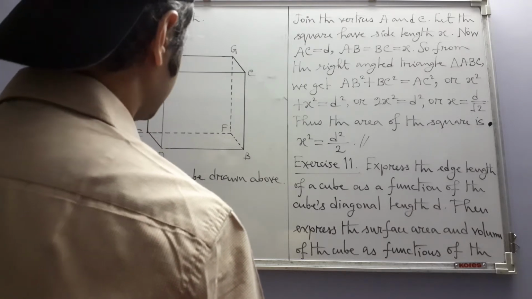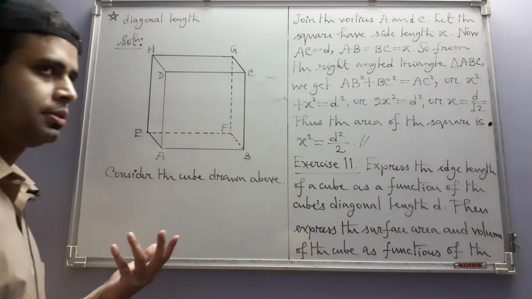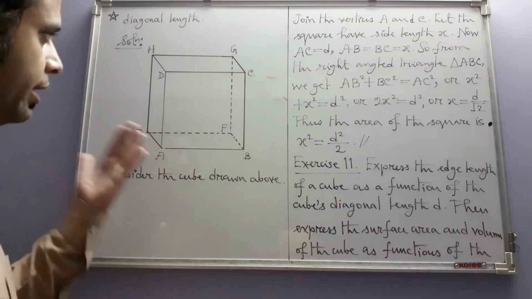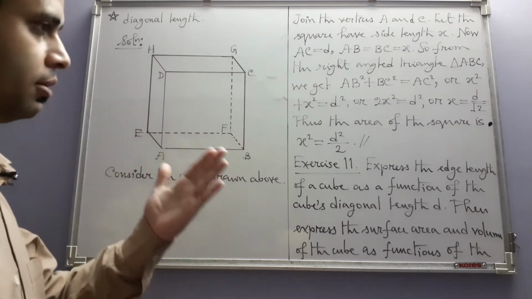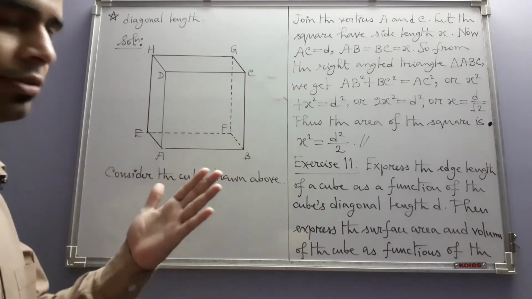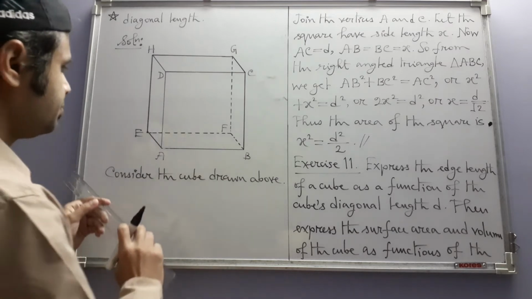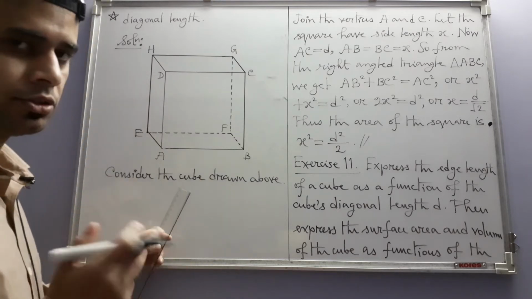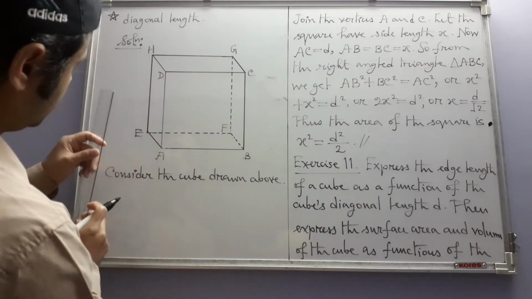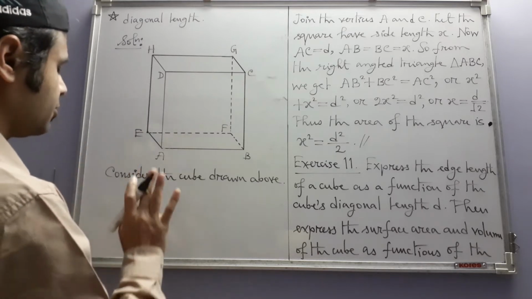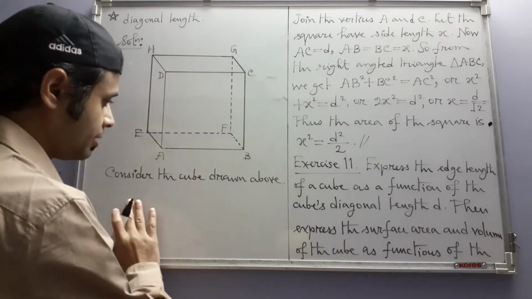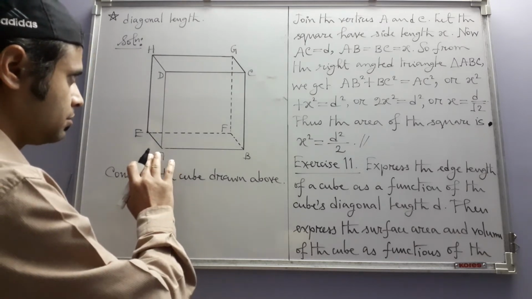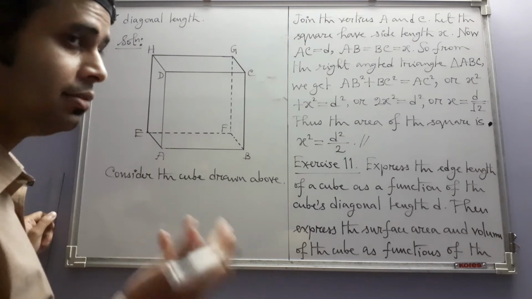Now, when we say diagonal of a cube, such a diagonal does not lie on any of the faces or on any of the surfaces of the cube. All the diagonals of course will have the same length. One of the diagonals, for example, let me make it clear: a diagonal will not lie on any face.